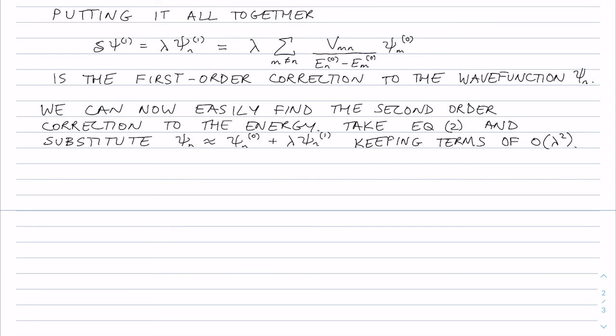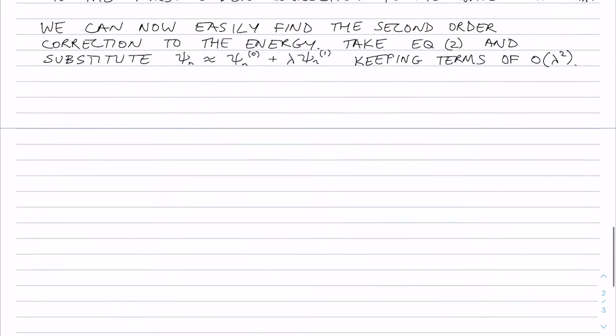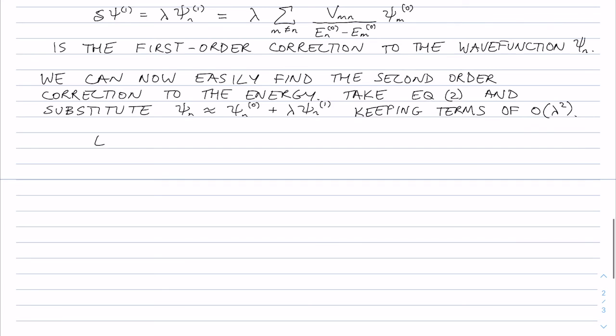So we've got En minus En naught is equal to lambda psi n, and this one's a bit messy, but just bear with me, psi n naught plus lambda psi n 1.